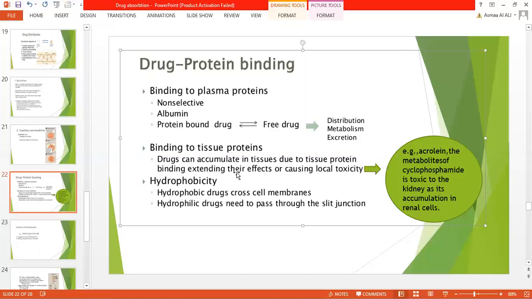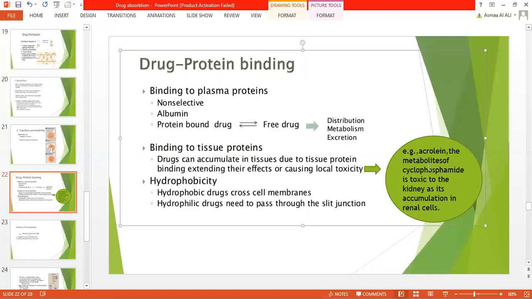For binding to tissue protein, a drug can accumulate in tissue due to tissue protein binding, extending its effect or causing local toxicity. This tissue reservoir may serve as a major source of the drug and prolong its action, and on the other hand can cause local drug toxicity.